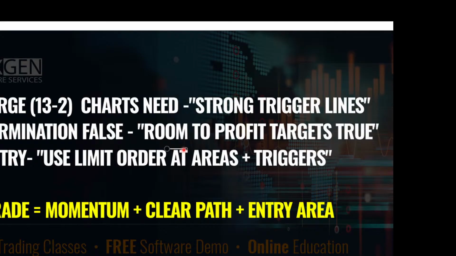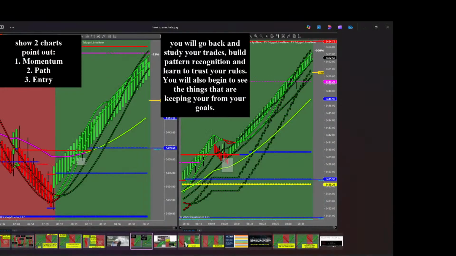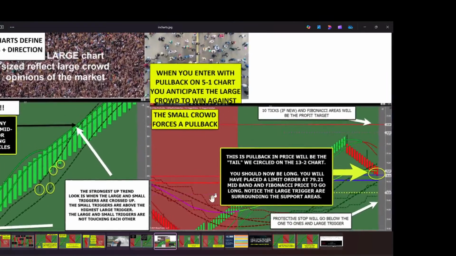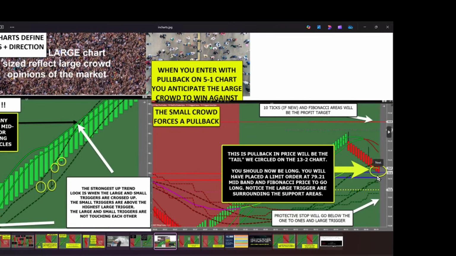But if they are, guys, if my large chart has momentum, if my large chart has a clear path, I'm going to use a little precision. I'm going to use a limit order to buy or sell a pullback at an area inside of triggers, guys. And what we're doing with our entry rules is we are literally pinpointing where this small crowd is most likely to fail.